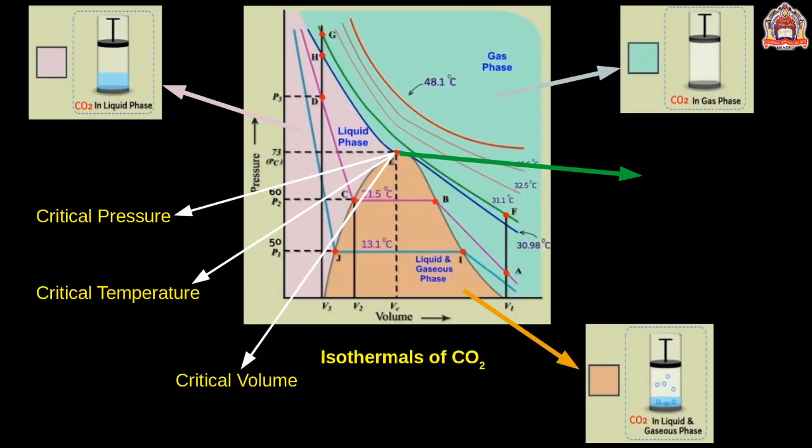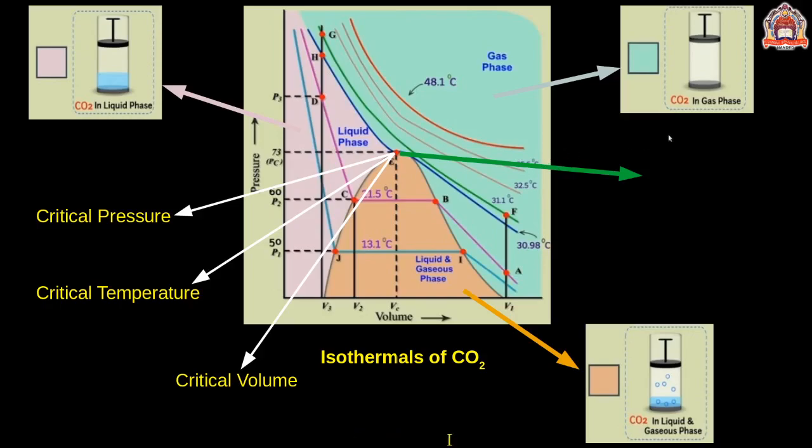At high temperature, even this tendency vanishes and the gas starts obeying Boyle's law from this region. The kink in the curve decreases with increase in temperature.